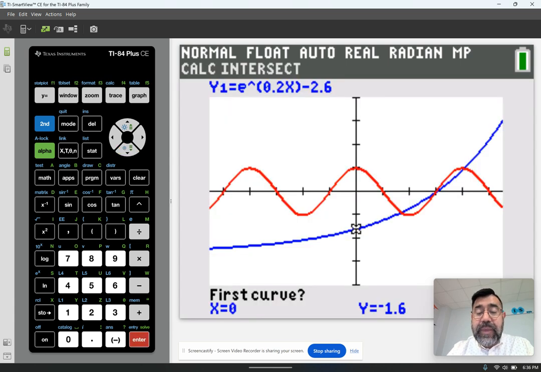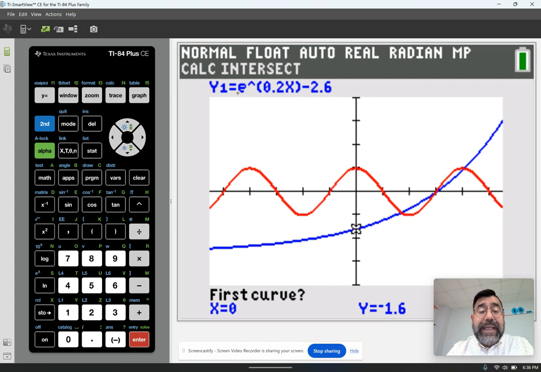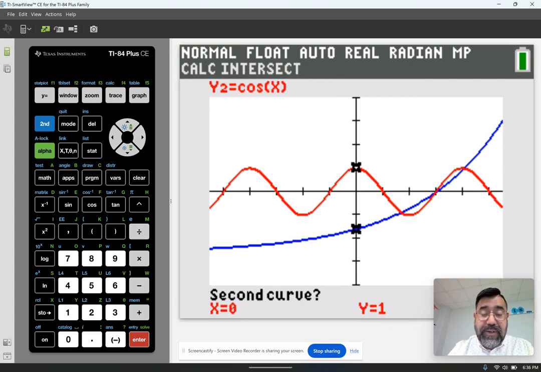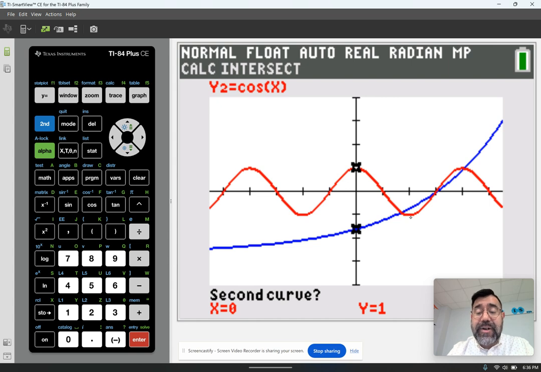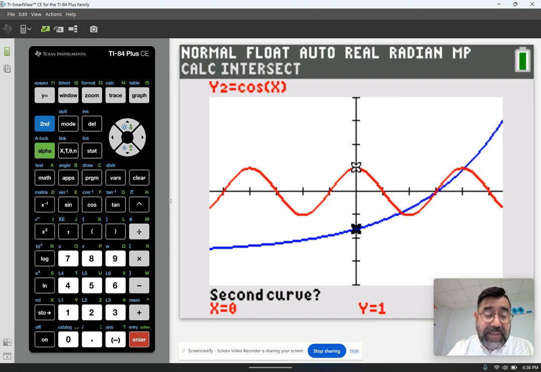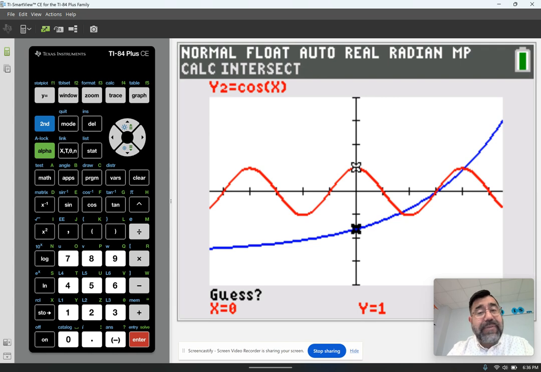Press enter. It's going to ask you a couple of questions. Number one, it's asking you, is this blue curve the first curve that you want to find the intersection for? Well, yes, that's one of the two curves I want to find the intersection. Press enter. And it's going to say, is this the second curve you want to find the intersection for? You say yes, press enter. Do I want to take a guess? I really don't. I guess I could guess that it's close to pi, maybe.